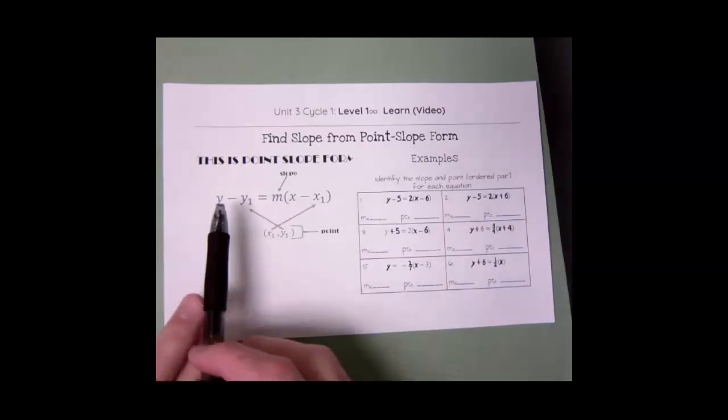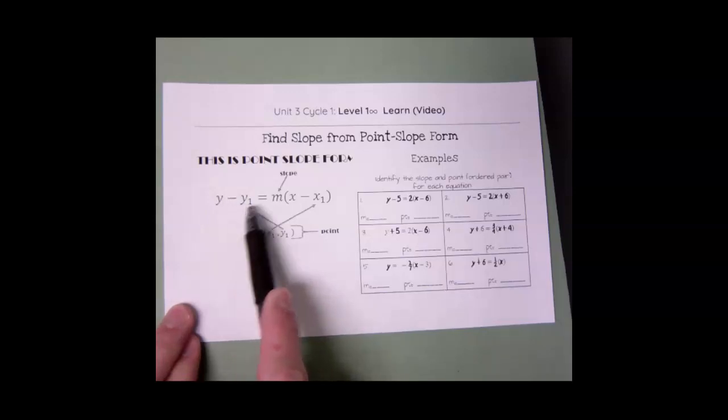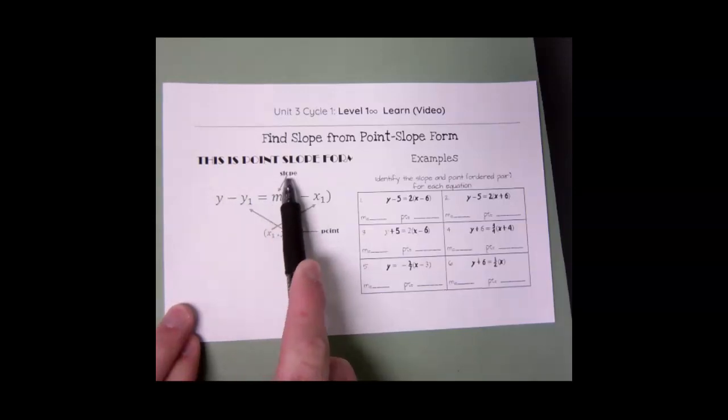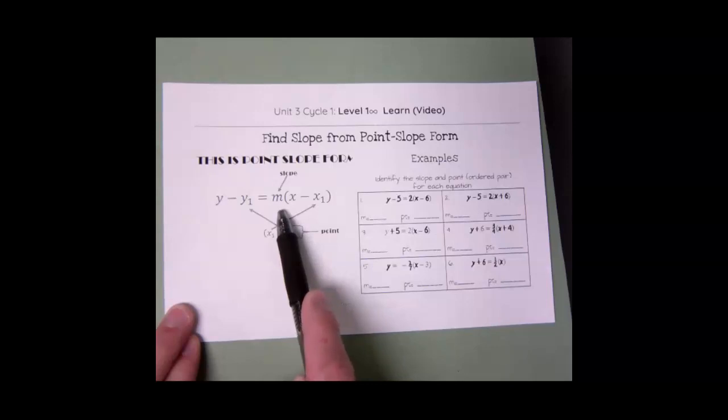So, as a reminder, the point-slope form looks like this. We have y minus y sub 1 equals m, which is our slope, times x minus x sub 1, in parentheses.